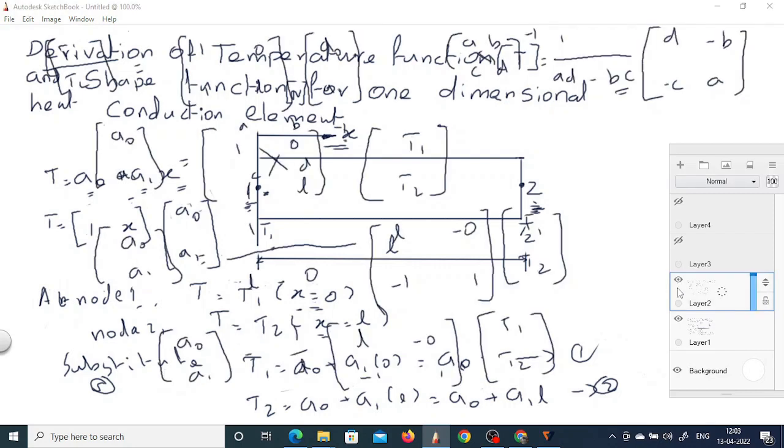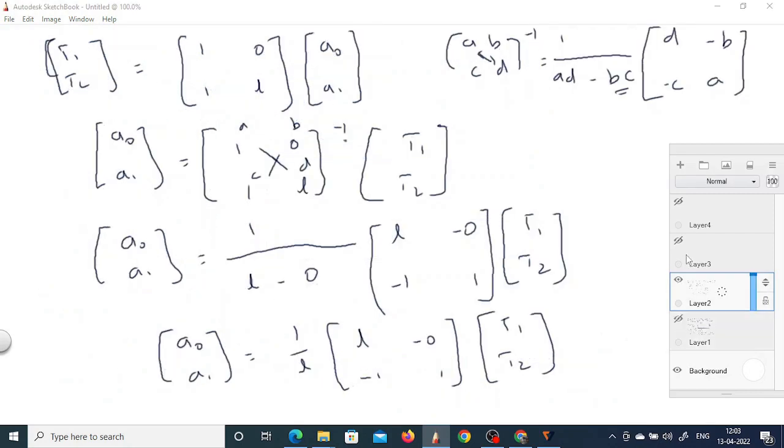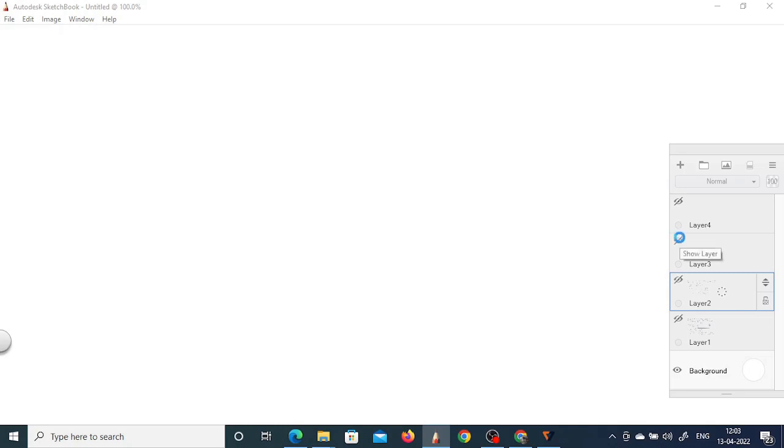So now you can see what happens if I substitute the values in the initial equation. T is equal to 1 x.